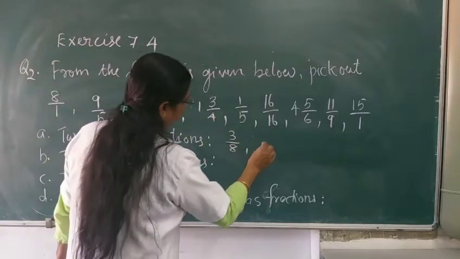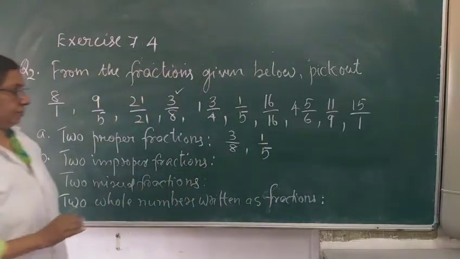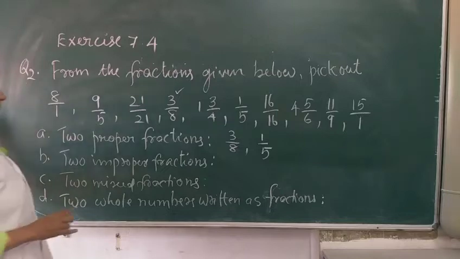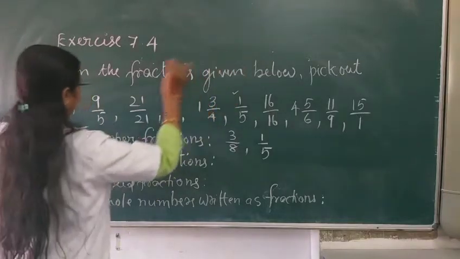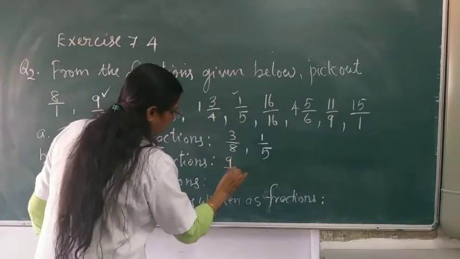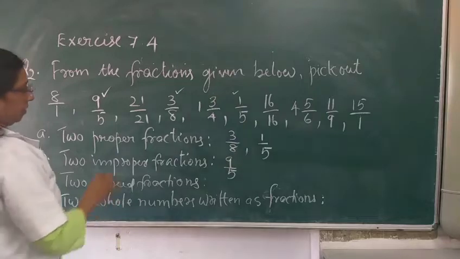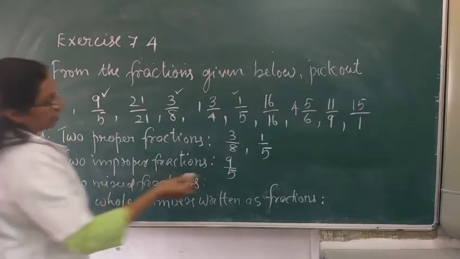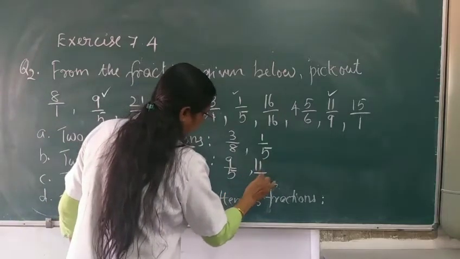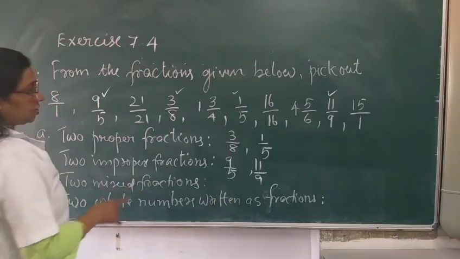Okay, 1 by 5. 1 by 5 is a proper fraction. Okay children. Now next is 2 improper fractions. See 9 by 5. 9 by 5 is an improper fraction. Its numerator is greater than the denominator. Find out another one. It is 11 by 9.